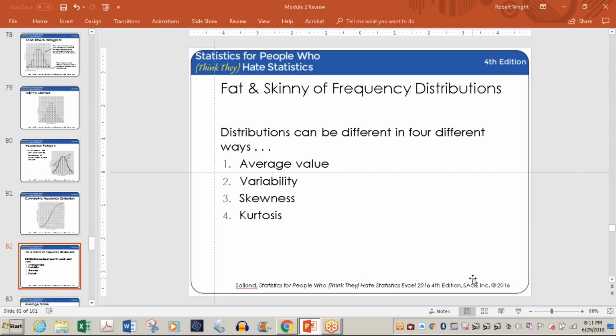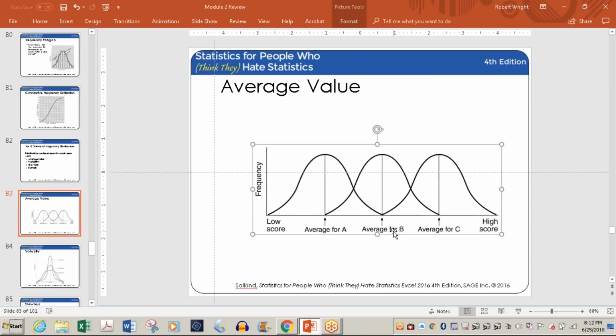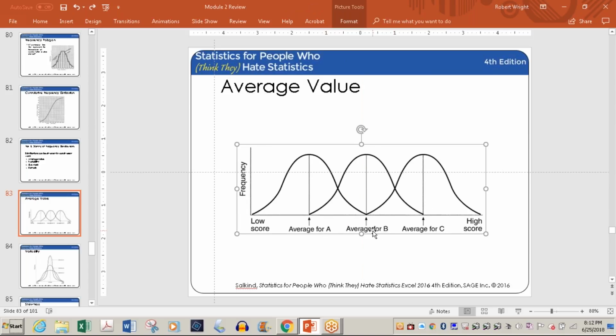Okay, I will. Average value basically shows what you have here. You have your bell curves again. In a way, I wish he'd labeled this differently and made this the average for C, average for B, average for A, because that really leads to grades.